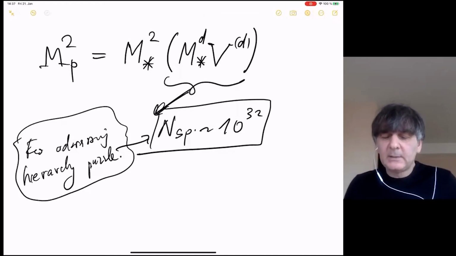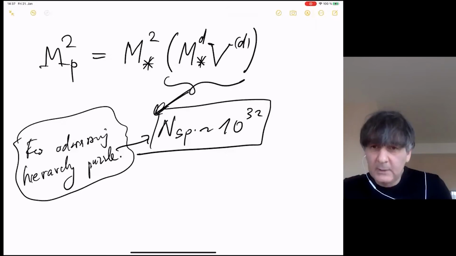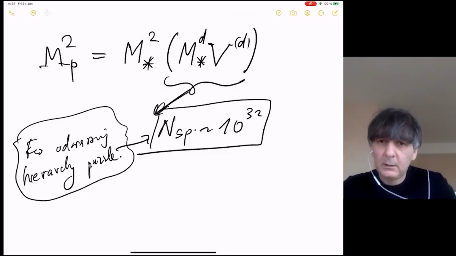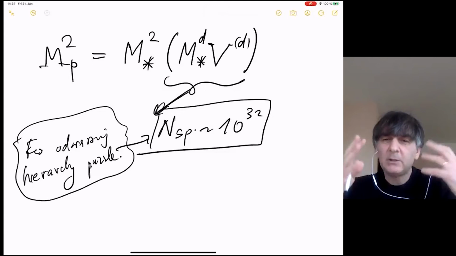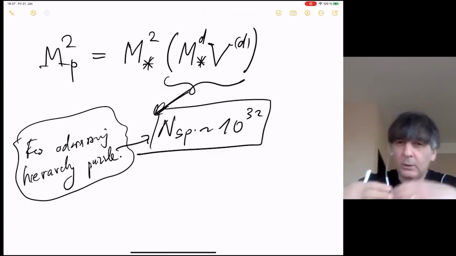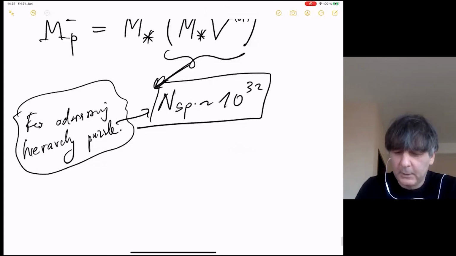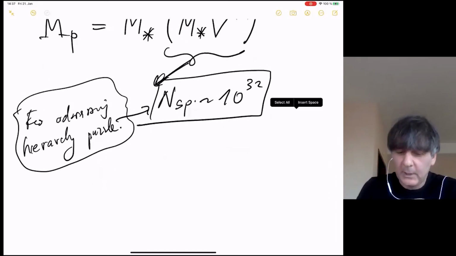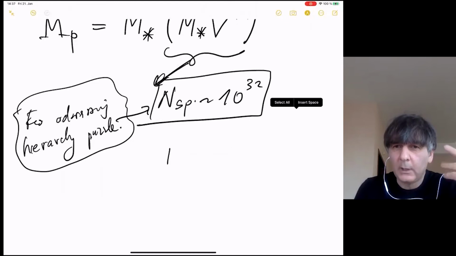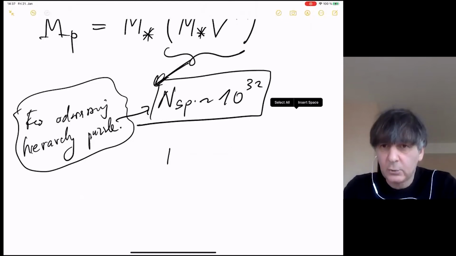This is what I meant when I said that in large extra dimensions, this number is there, but it's hidden in the compactification volume. This number is always hidden somewhere. Whenever we want to explain the hierarchy between the Higgs and the Planck mass, we have a large number, and this large number has to come from somewhere.